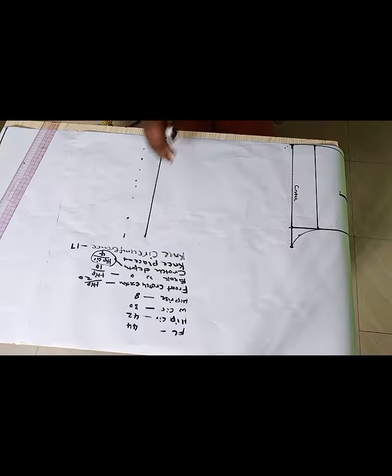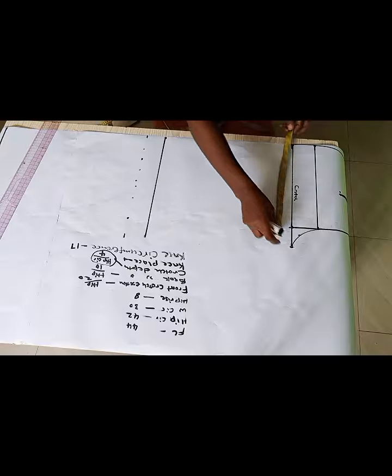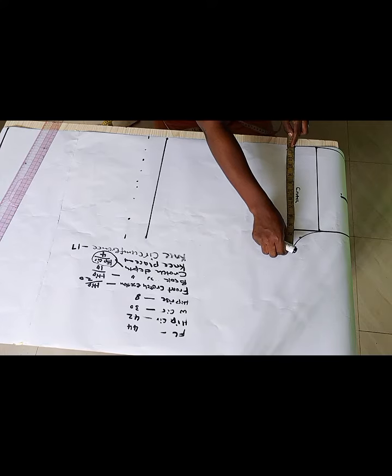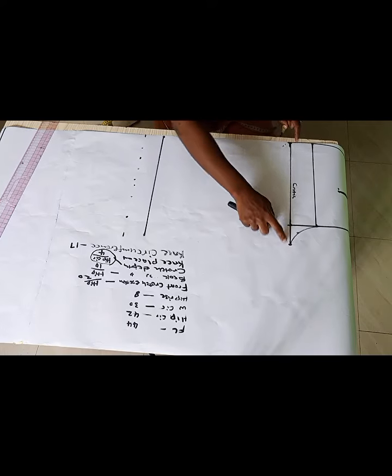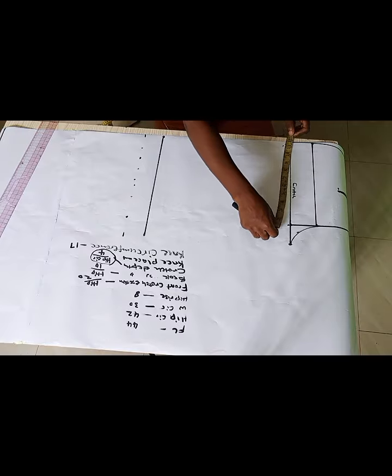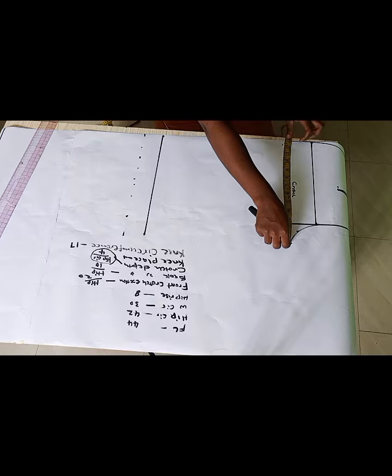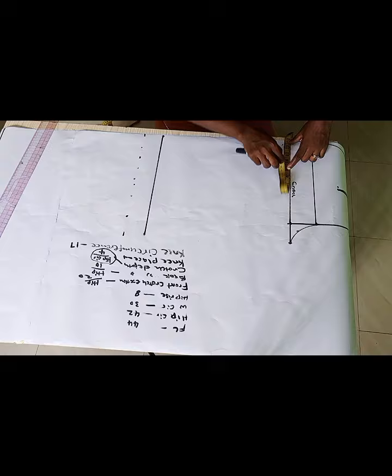Now, before you impute that measurement here, you will come to this crotch line, including the extension, the entire crotch line. Okay, you will measure and try to get the midpoint.